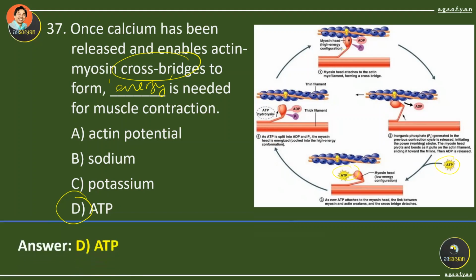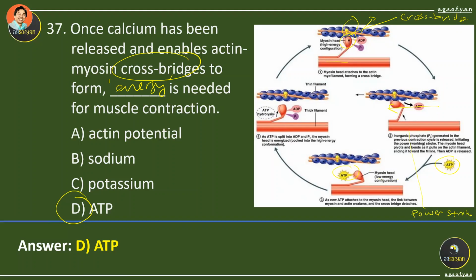So if you see over here, when the calcium is available, it will bind to the troponin, and then it will remove the tropomyosin from the binding site. The myosin head will be able to bind to actin, and this binding is called a cross bridge. And then after that, with the ATP, the myosin head will pull the actin. This process is called the power stroke.